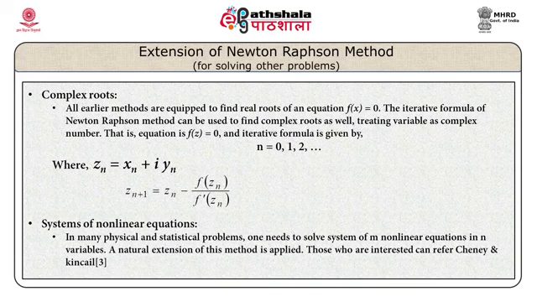If we have m equations in n variables, then these systems of equations can also be represented by a vector equation of the form f(v) equal to 0, where v is a vector, and again the Newton-Raphson method can be developed, not exactly the same formula, we have partial derivatives there, Jacobians come across, but the same idea is developed and one can use that formula to find roots of systems of non-linear equations as well. If one is interested, one can refer to Chenney and Kincaid for the same.